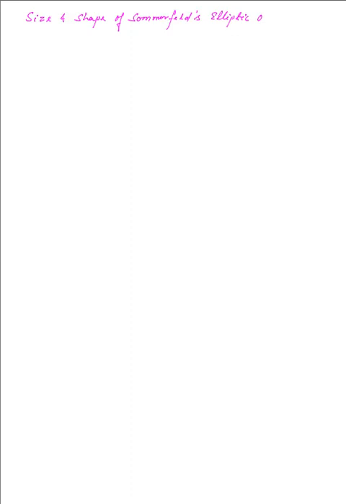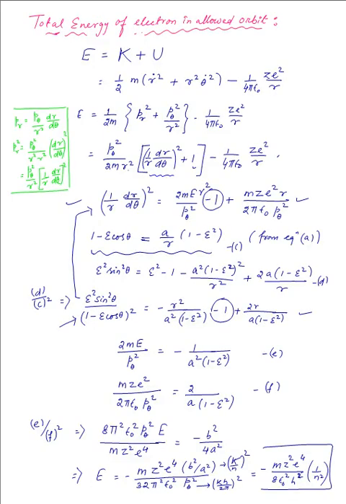How and what shapes do they take up for the various energies and values that we have obtained so far? Now from that equation F that you see right there, we can choose. Okay, let's try that equation F over here.